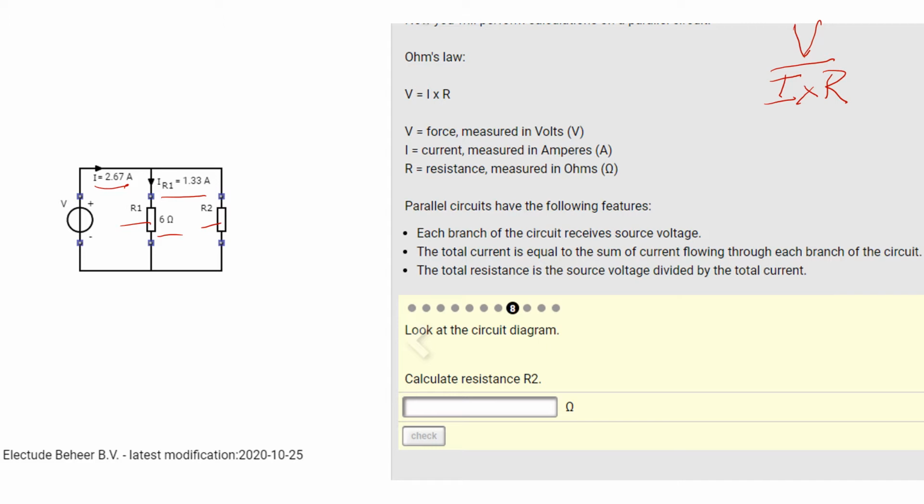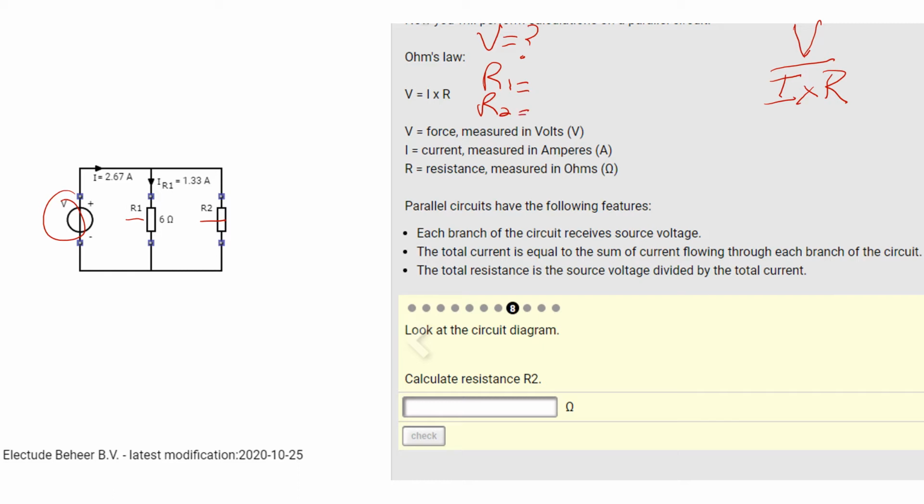So things I do know about this circuit and things I don't know are, currently my voltage is unknown. What I do know in this circuit though is that I have two resistances, one here and one here. So resistance 1 and resistance 2.